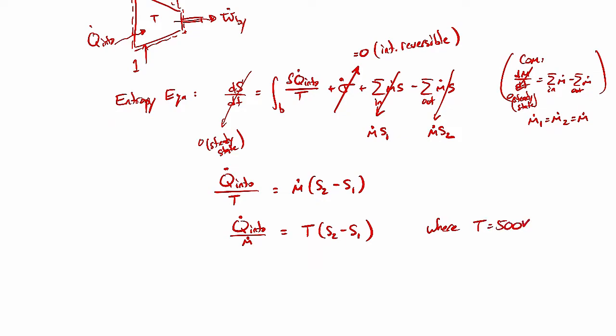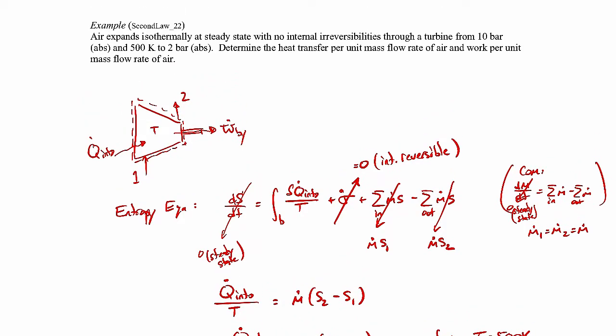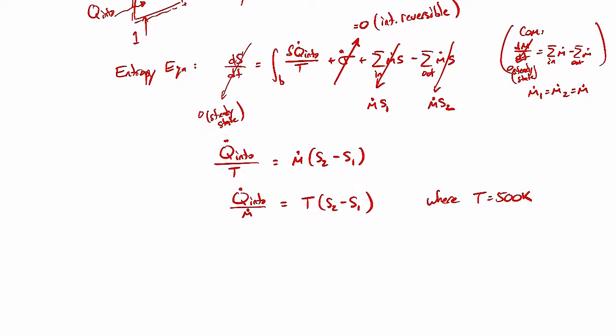And then to find s2 minus s1, I'm going to assume that the air is an ideal gas. So we'll use our ideal gas model to figure out s2 minus s1. When we write that out, it'll look like the following for an ideal gas.